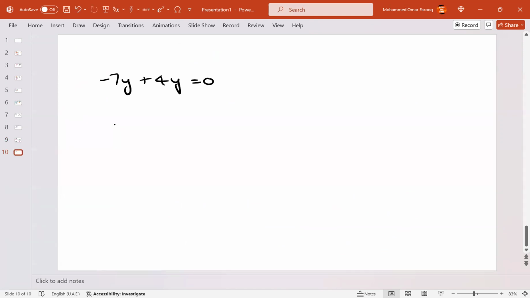Can I write minus 7y as minus 1 into 7y? And can I write plus 4y as plus 4y into 1? So now can I write it as minus of minus?